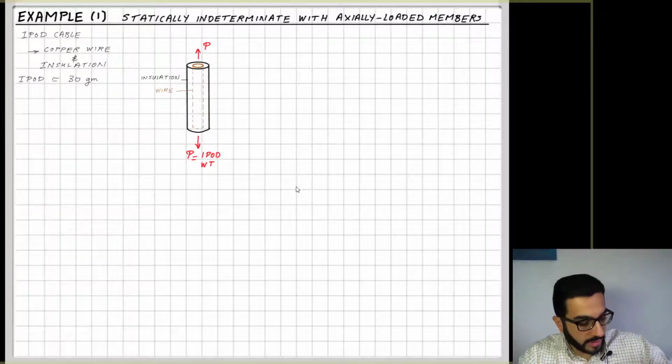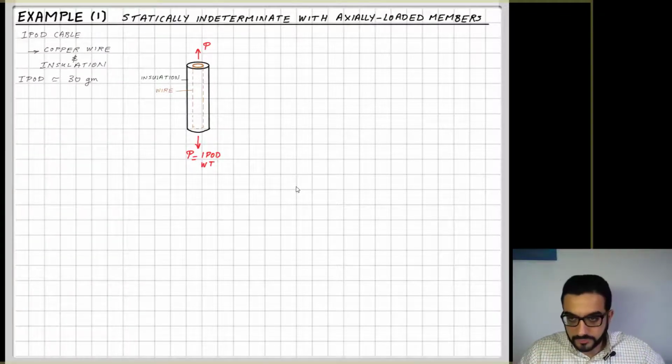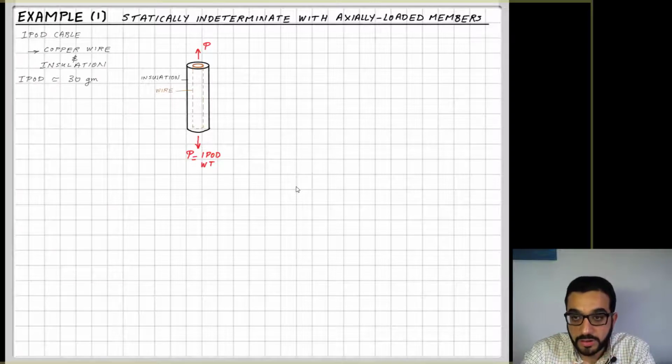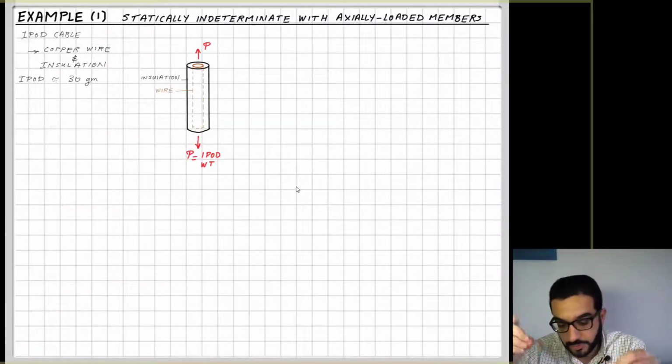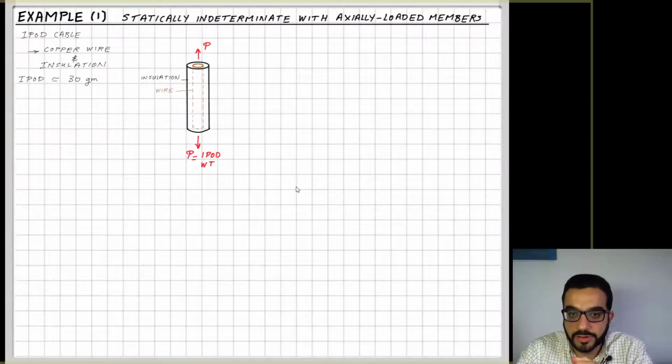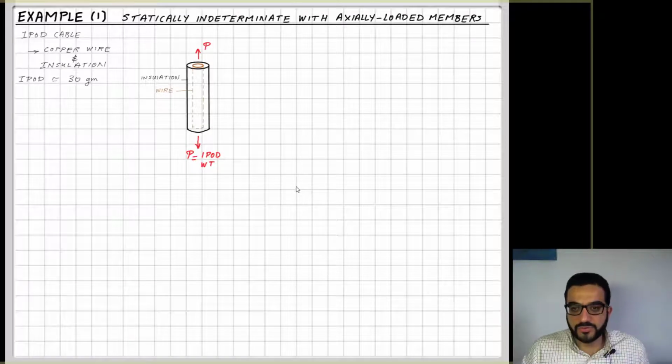there's copper wire and insulation, and they are bonded together very well. The idea is, if I connect the cable to the iPod and hang it, the iPod weighs around 30 grams.